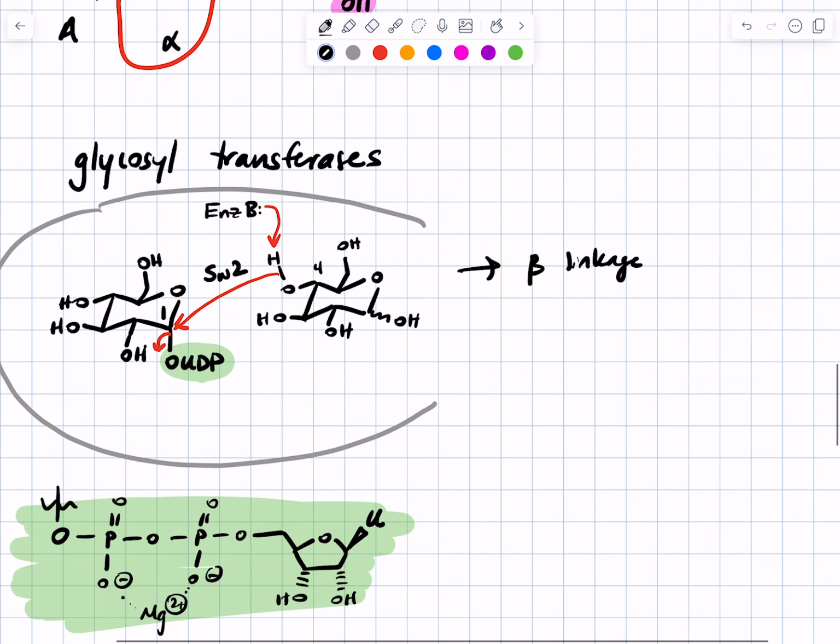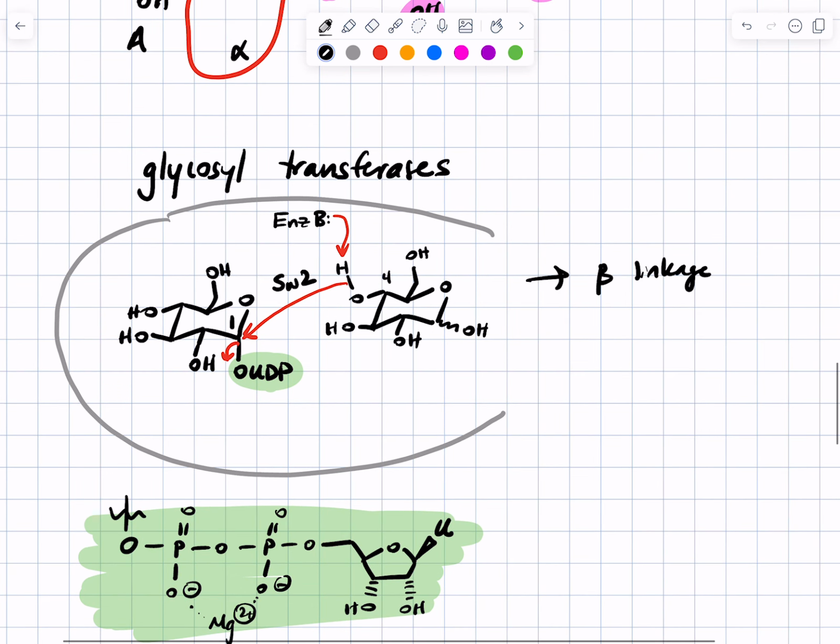There are various glycosyl transferases that can control whether you get the alpha versus the beta linkage, depending on how the nucleophile is positioned. So the enzyme solves the stereoselectivity problem by making the mechanism SN2. It solves the regioselectivity problem by only deprotonating the right OH group, and it controls that by positioning the molecule in the right place such that only the C4 group is close to the base.